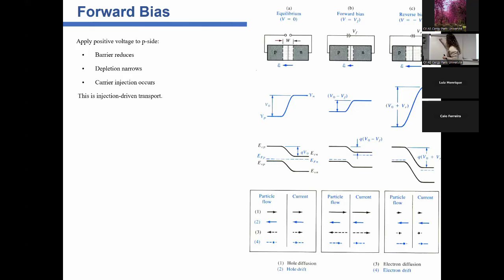What I want to say is, if we have this potential here, the negative potential and positive potential will pull the electrons here, and here is the n-type. Here is the p-type.